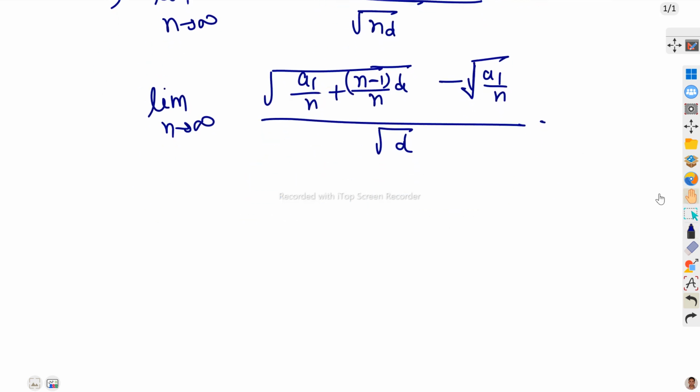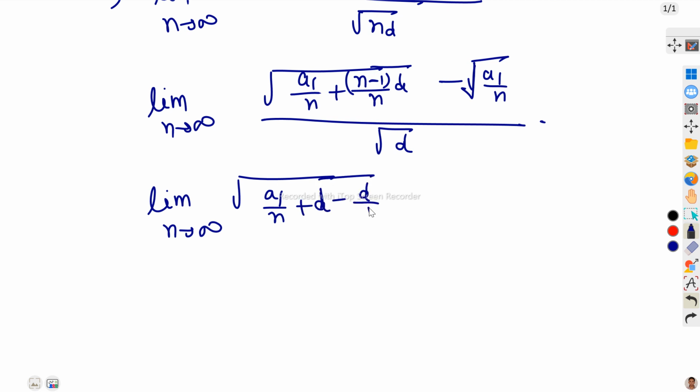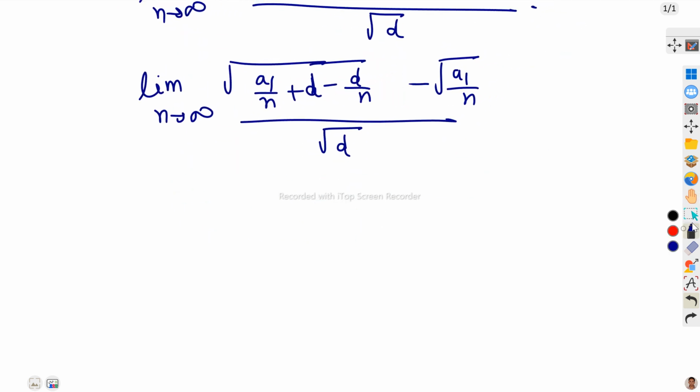Again, the limit as n tends to infinity of square root of a1 upon n plus d minus d upon n, minus square root of a1 upon n, upon square root of d. We know that if n tends to infinity, 1 upon n tends to 0, so this term becomes 0 and this also becomes 0.